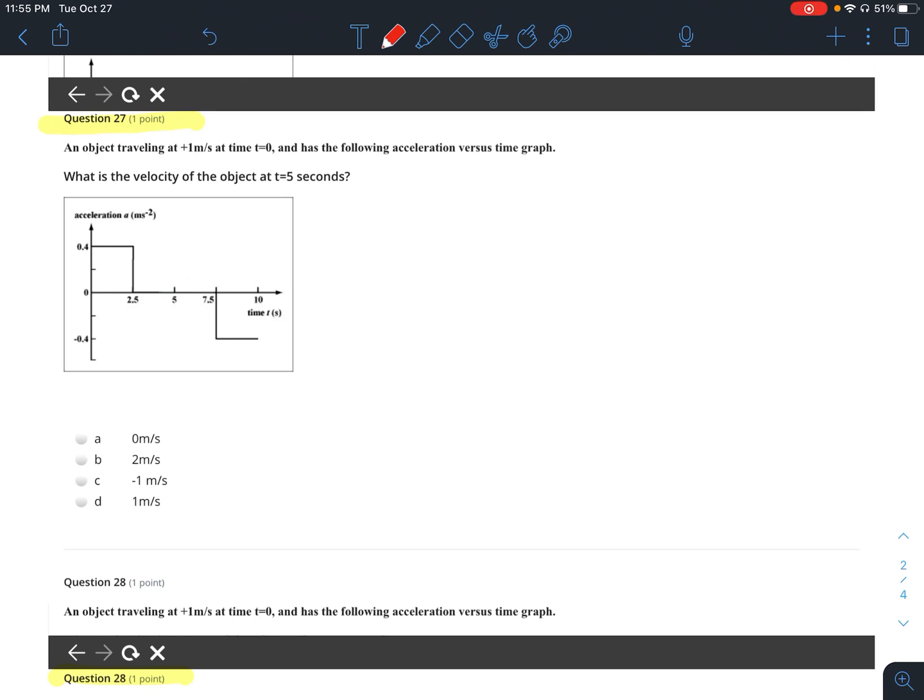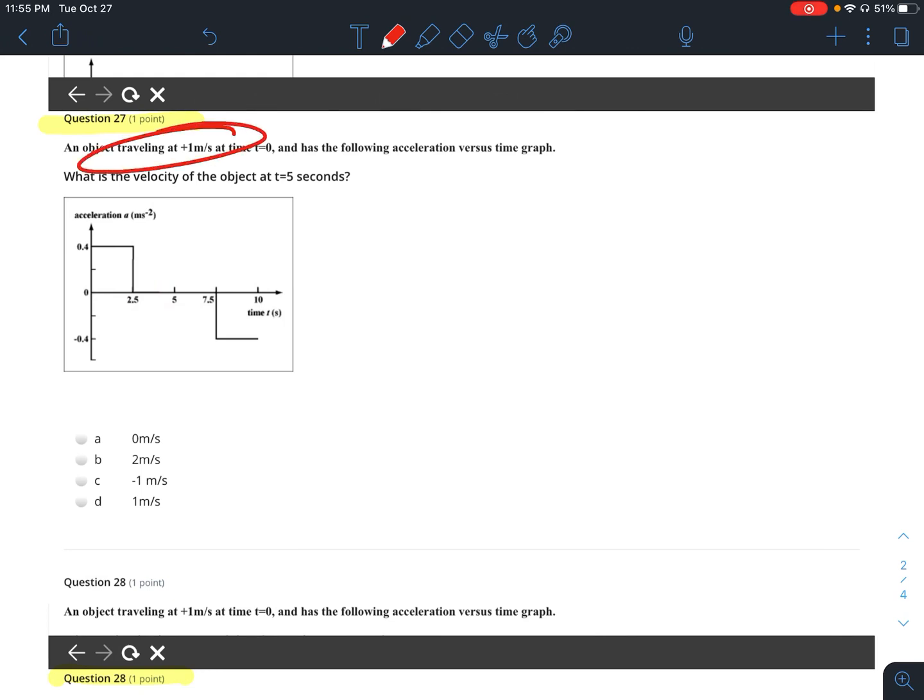Looking at this graph, if we have an acceleration at this point of 0.4, that means we're speeding up. So we're going to speed up until 2.5 seconds and then remain at that velocity for the rest of our time to 5 seconds. So whatever velocity we're going at 2.5 seconds, we're going to be going at 5.